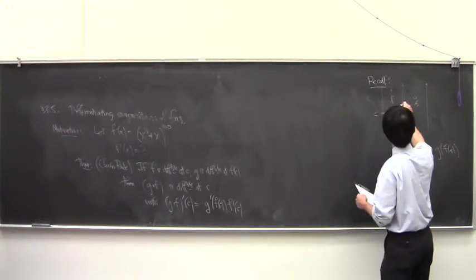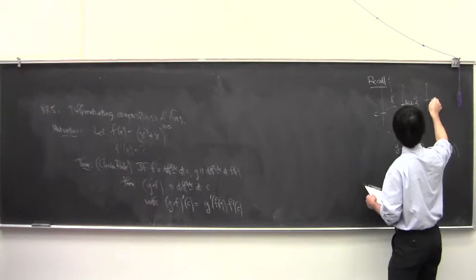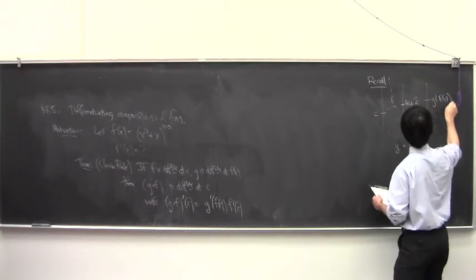So here's your point c. c gets mapped to f of c. f of c gets mapped to g of f of c.